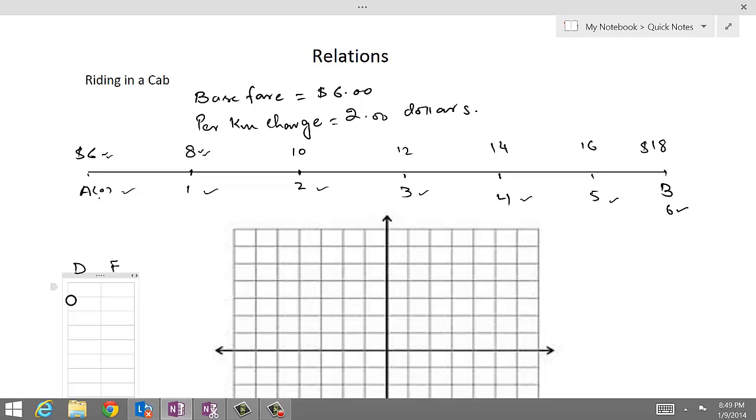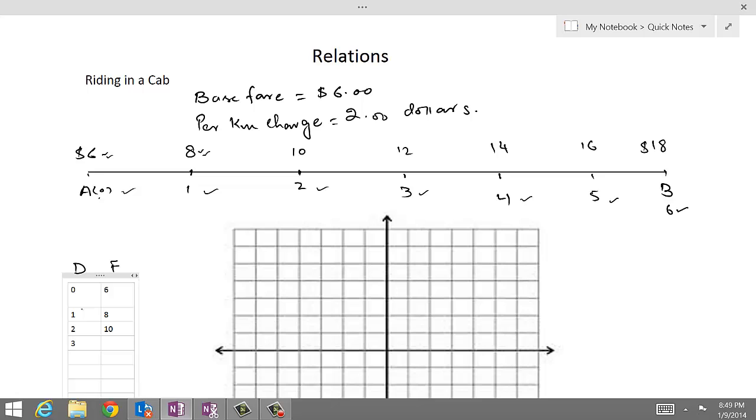and let's get started and input the values 0, 1, 2, 3. For 0, how much is the fare? For 0, the fare is $6. For 1, this is 8. For 2, it's 10.